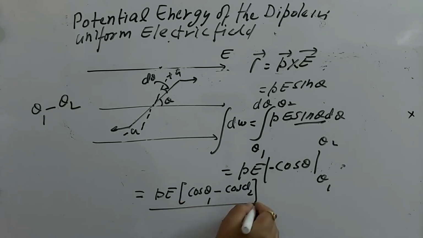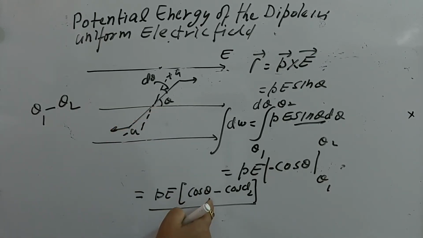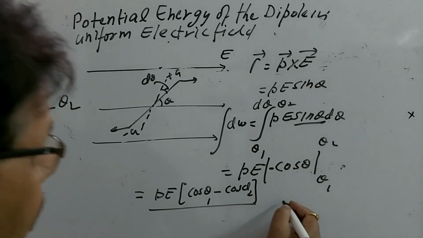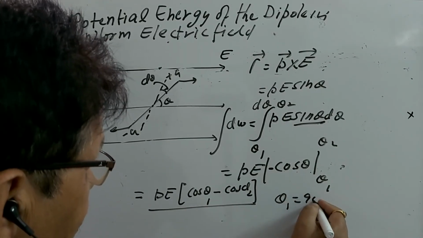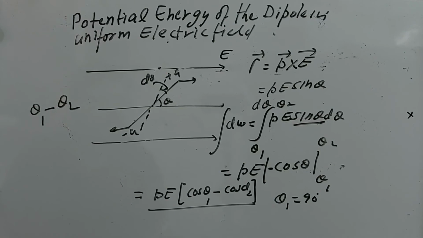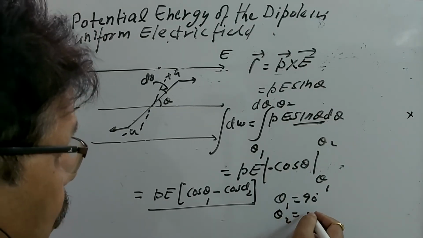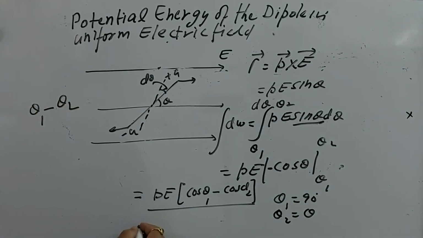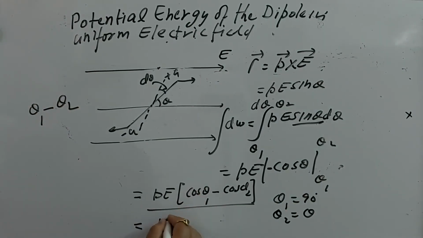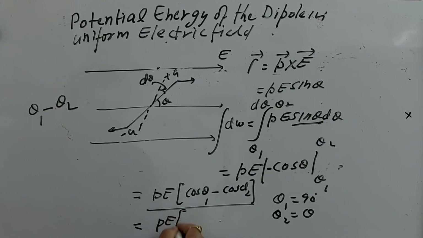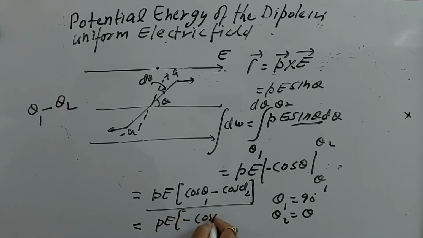Right? So now suppose initial position is taken where angle theta 1 is 90 degree, and it is taken to a position where this theta 2 is theta, then this expression will be equal to PE, and this is cos 90 minus cos theta, cos 90 is 0, and this is minus cos theta.